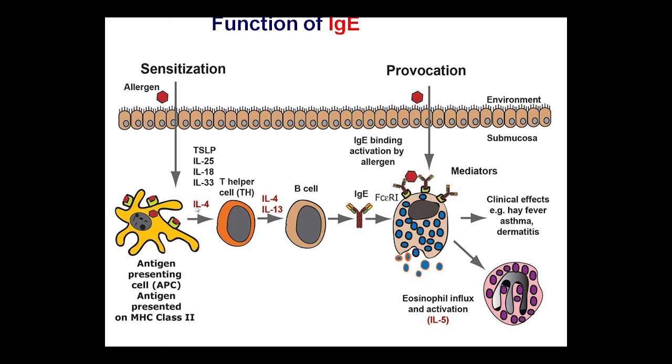in the environment, in the lymphoid organ, where the prevalent cytokines are interleukin 4, interleukin 10, interleukin 5, and interleukin 13, produced by T helper type 2 cells.